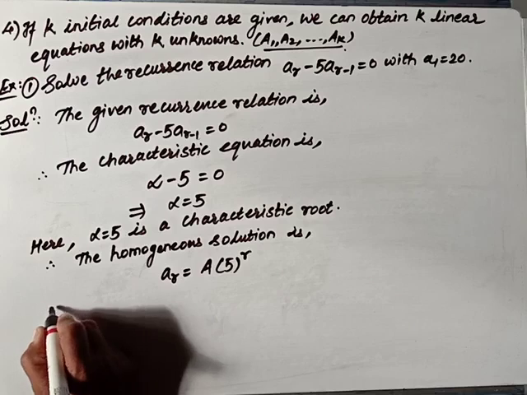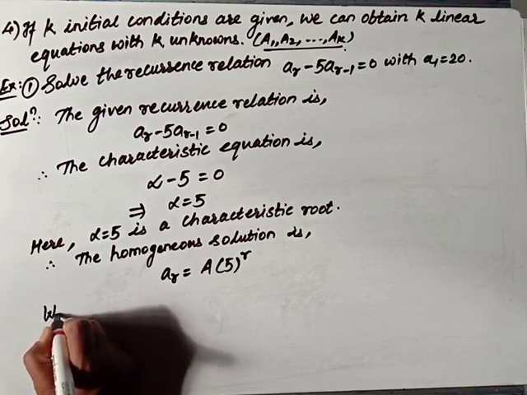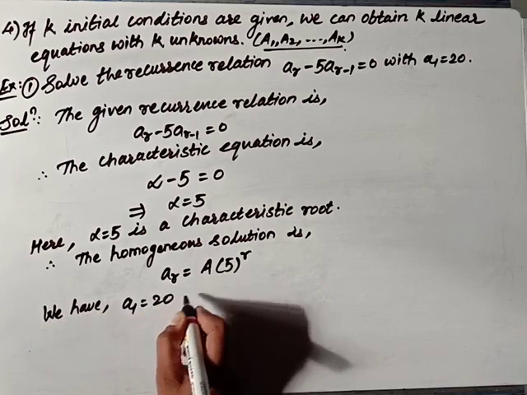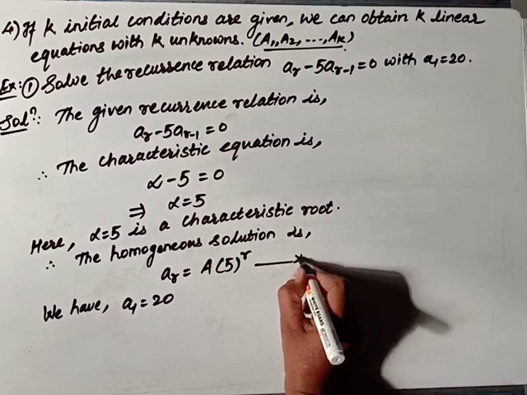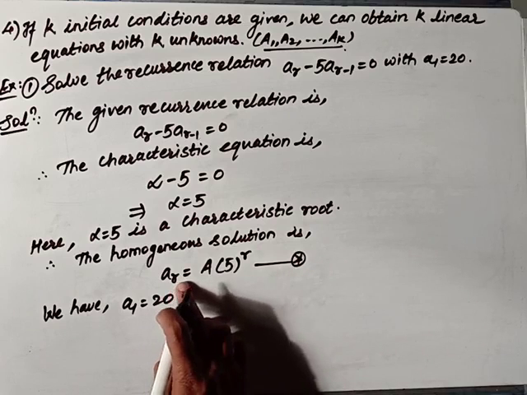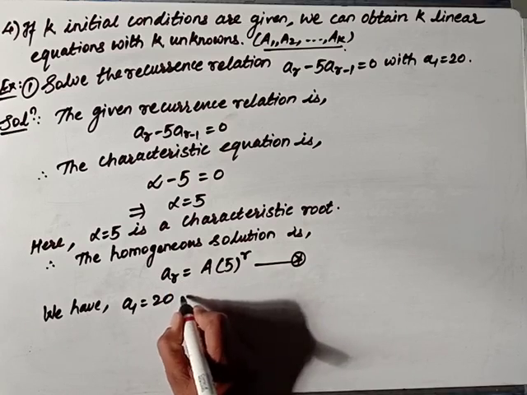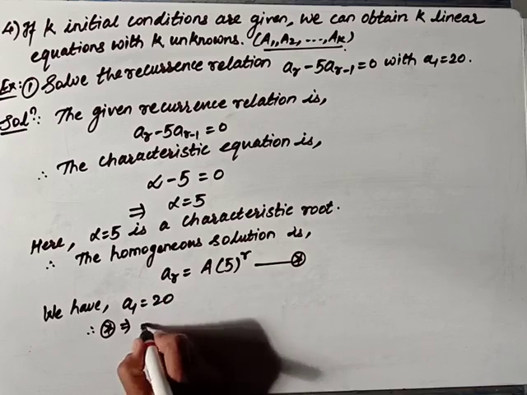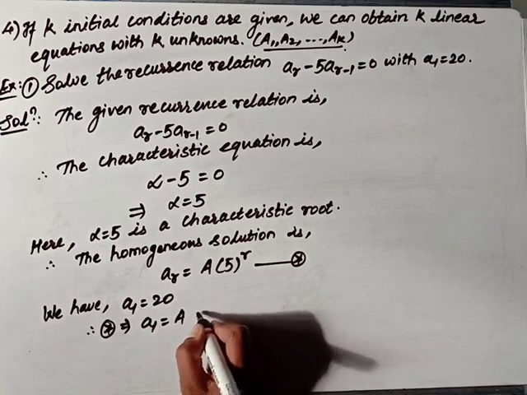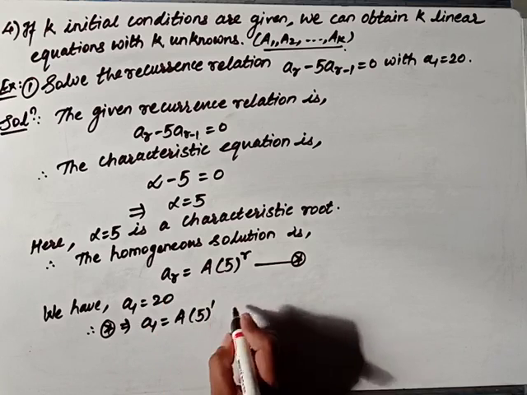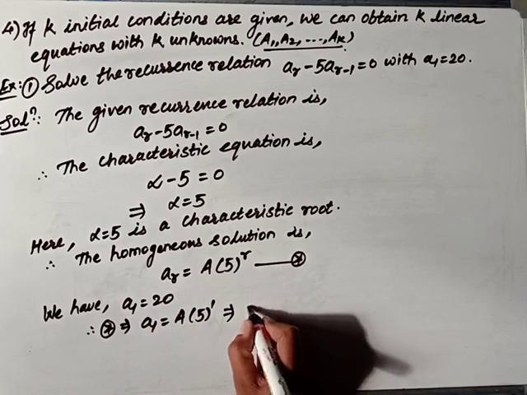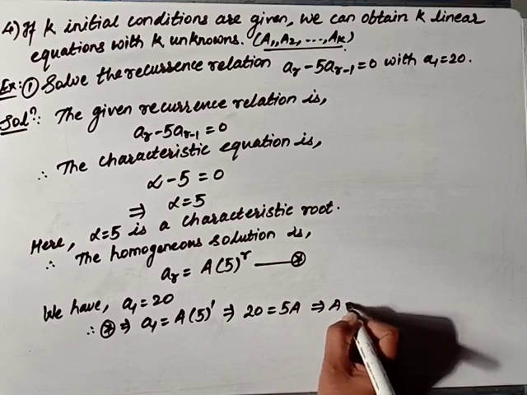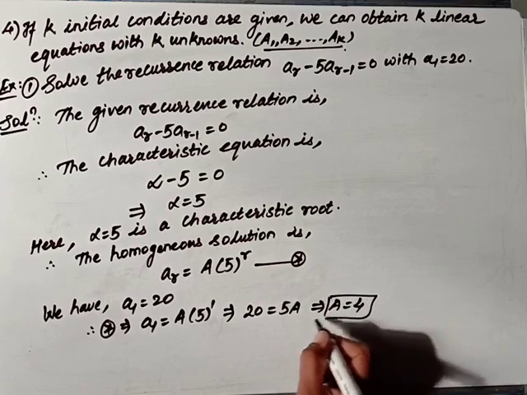That constant we will obtain using this initial condition. Now, we have a_1 equal to 20. So, let us substitute here. Let me call it star. Then r will become 1, so a_1 equal to 20. Therefore, star gives a_1 equal to A times 5 raised to 1. So, 20 is equal to 5A, and that gives A is equal to 4.